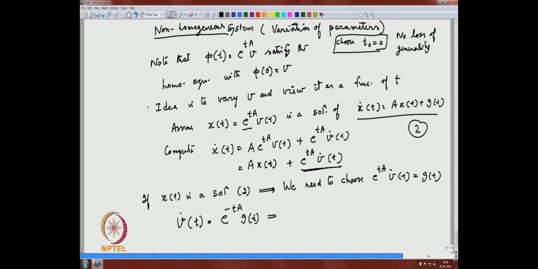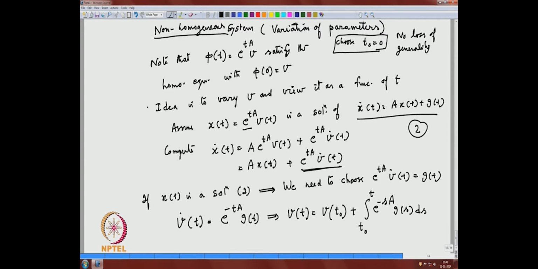So you just integrate, and that will give you your V t, with V at t naught given. If you integrate from t naught, you get V at t naught plus the integral from t naught to t of e power minus s A into g of s ds. This is what you want to do.